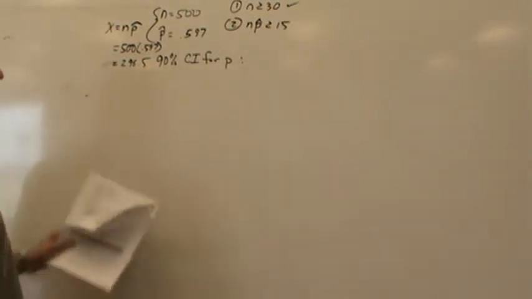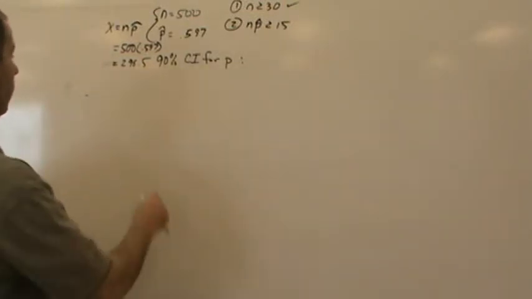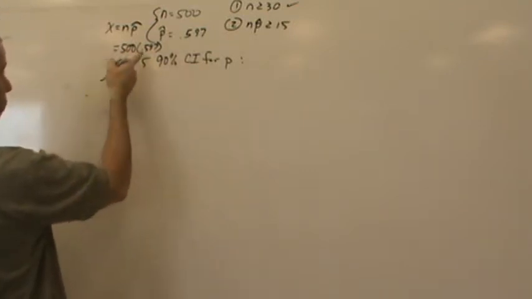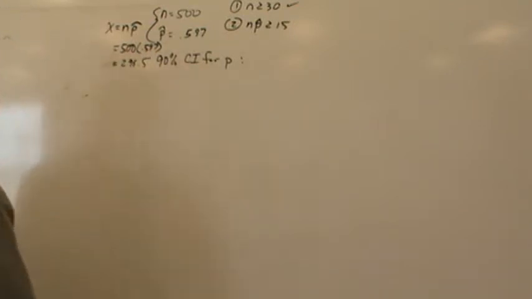That is 59.7%, or 0.597, of 500. So it's going to be 298.5 students.